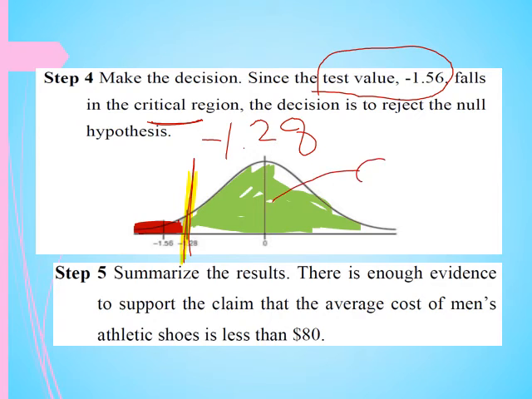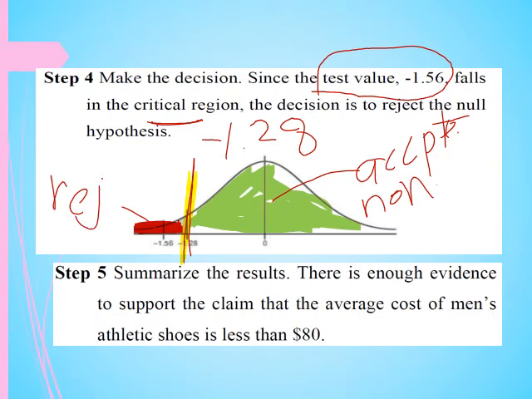This is the acceptance region, which is the non-critical region. Any points here are accepted, and here is the rejected region or critical region.